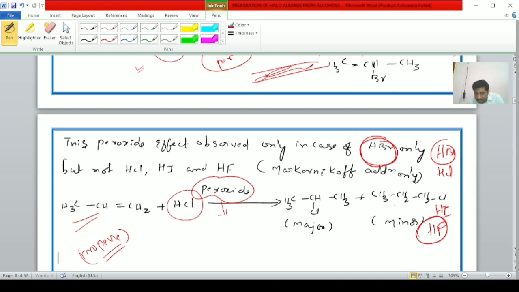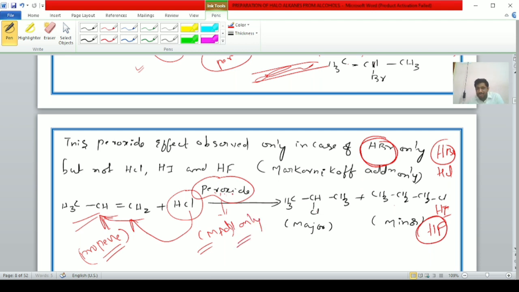Here, even in the presence of peroxide, the chlorine atom is added to the carbon atom having fewer hydrogen atoms. This is the major product. Here Markovnikov addition is possible, only Markovnikov addition, but not anti-Markovnikov addition.